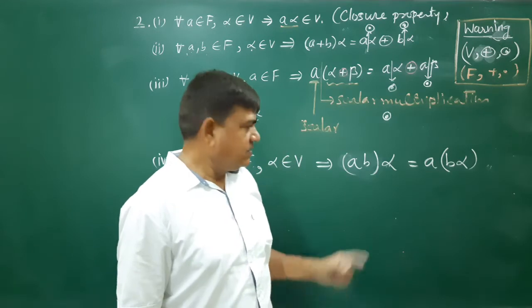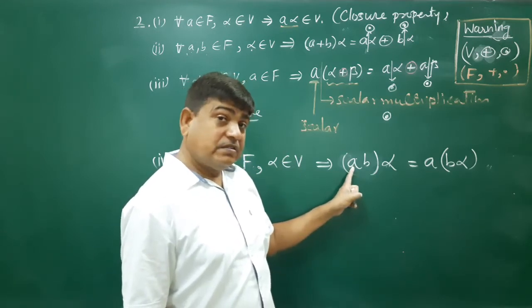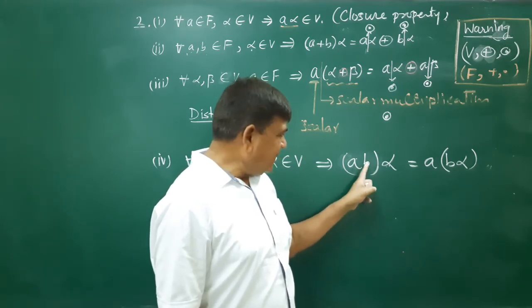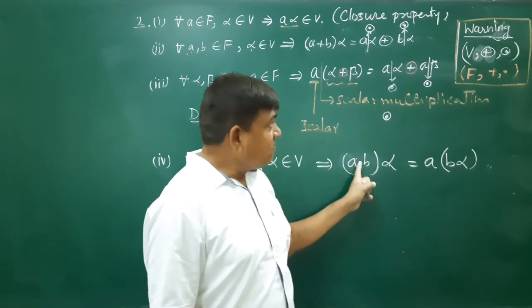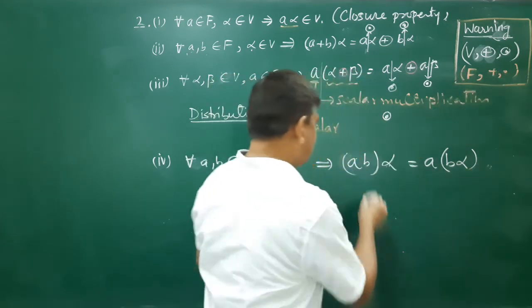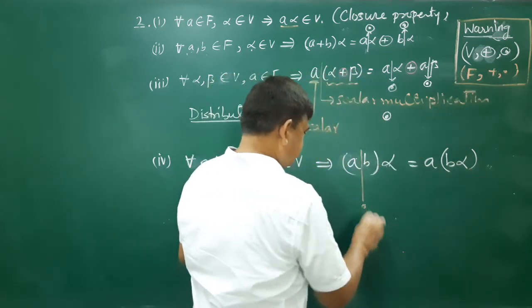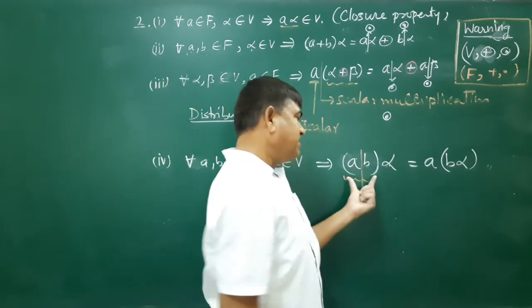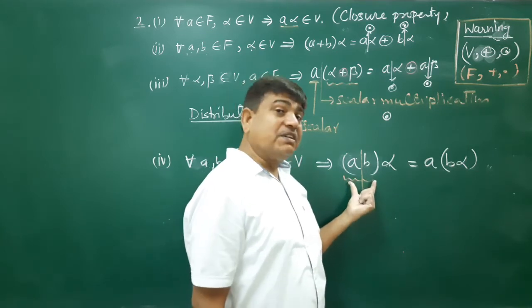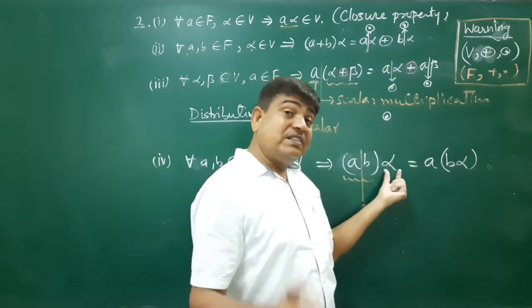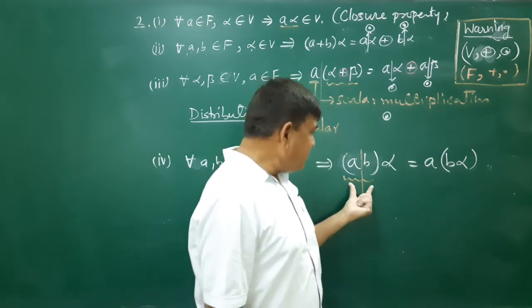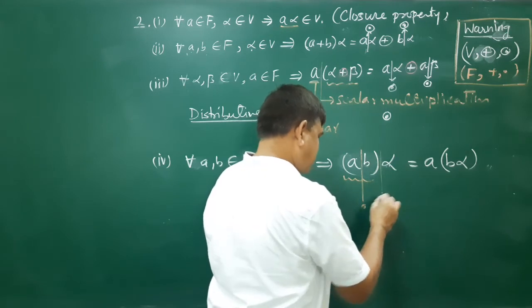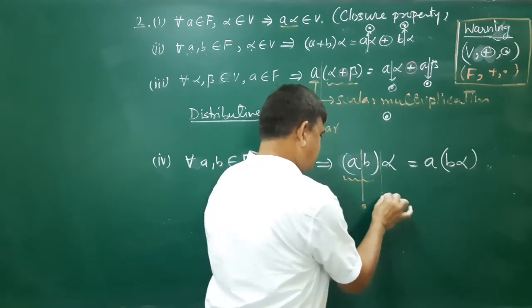See, A is a number, B is a number. So multiplication of two numbers. Multiplication of two numbers means ordinary dot here. Simply this. Multiplication of two numbers is a number. So the final answer is a number, that is scalar. Alpha, this is a vector quantity. So a number is multiplied by vector. So it is scalar multiplication. So here the symbol is this one.